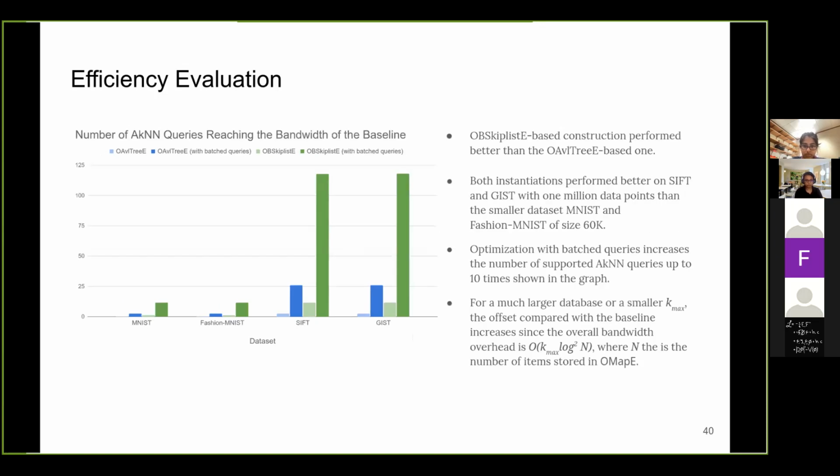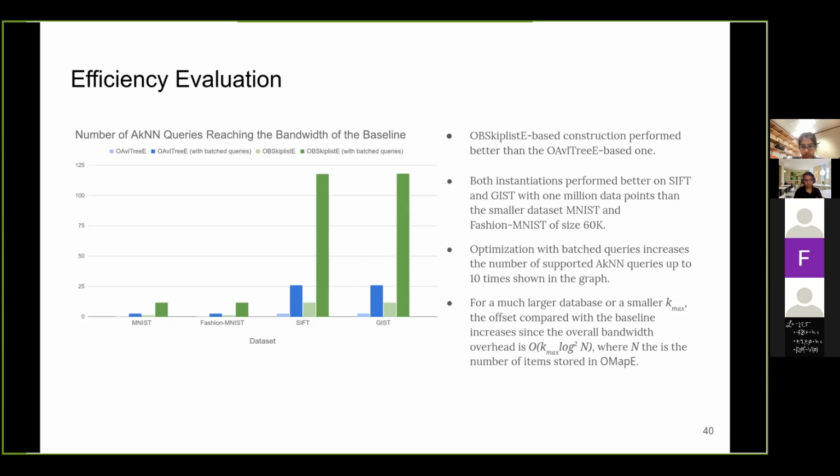As for the number of AKN queries reaching the bandwidth of the baseline, we found that the ObfuscatedLy-based construction also performed better than the Oblivious Tree-based ones. Both instantiations perform better for SIFT and GIST, which contain 1 million data points, than for the smaller data sets, MNIST and Fashion-MNIST, of size 60,000. So this is for the optimization, but as Tarek mentioned, it may incur more leakage, especially for timing.